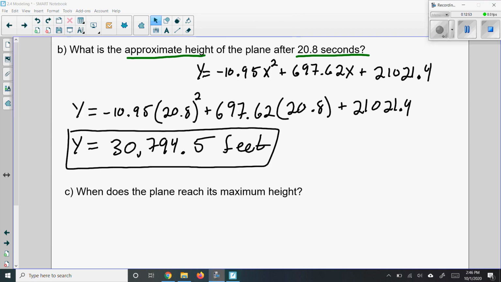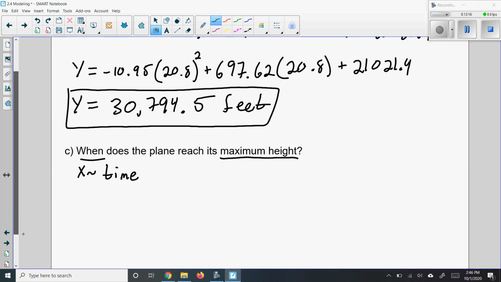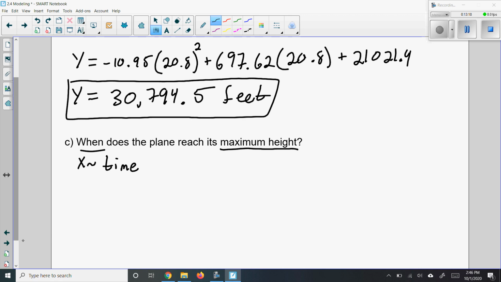The second part is asking, when does the plane reach its maximum height? When means we're looking for x. Recall that x is time. Maximum height indicates that we are looking for the vertex. So we are looking for the x coordinate of the vertex. So x equals negative b over 2a.